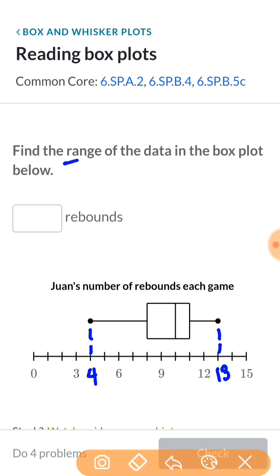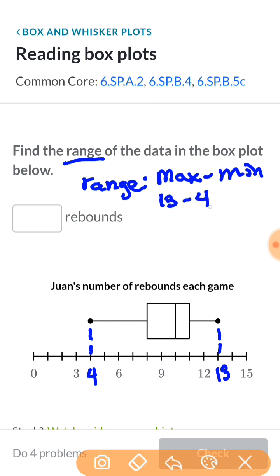The range is just the difference between the minimum and the maximum, or we usually say the maximum minus the minimum. So the range, if you do the maximum minus the minimum, then that would just be 13 minus 4, and that's just 9. So your range is just 9.